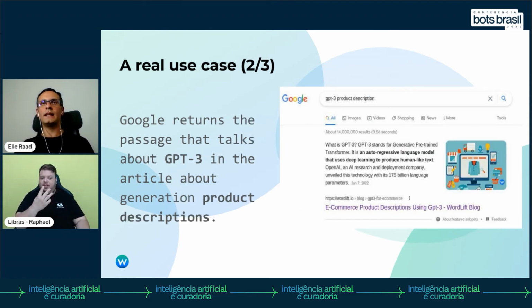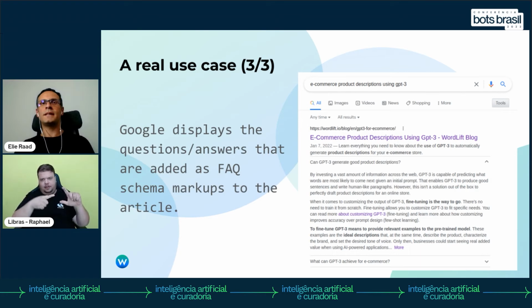If we go on Google and search for GPT-3 product description, Google will output the paragraph in our WordLift article where we talk about GPT-3 and the generation of product descriptions. Another perspective is if we search for e-commerce product description using GPT-3, we also get those FAQ schemas that we showed previously, where we have the question and the answer.